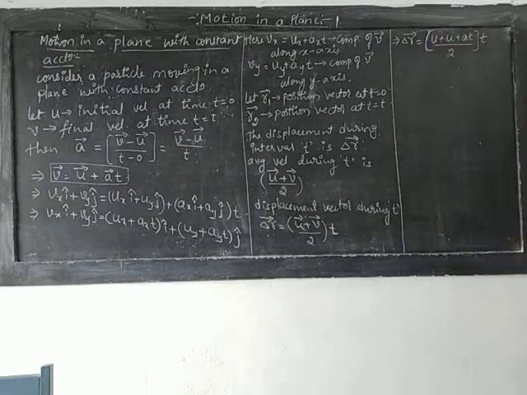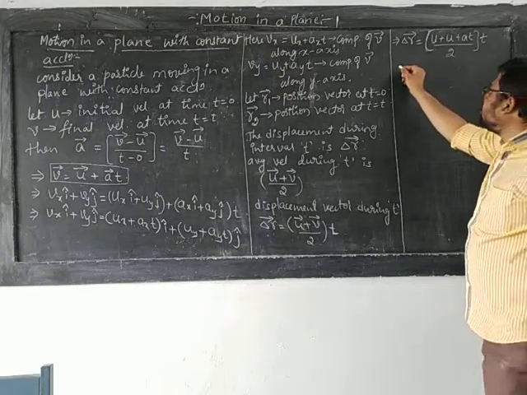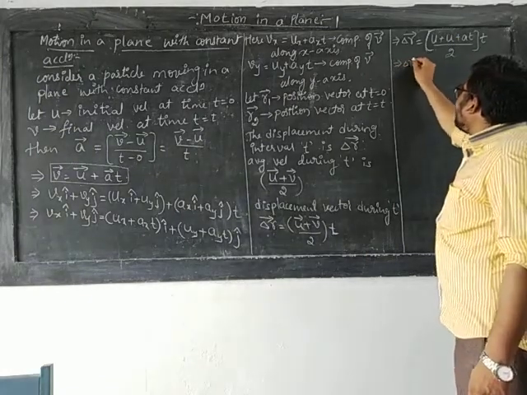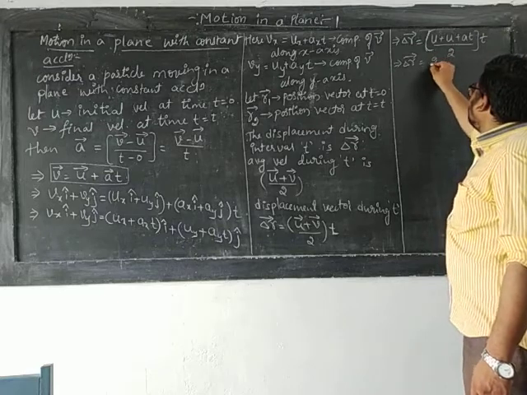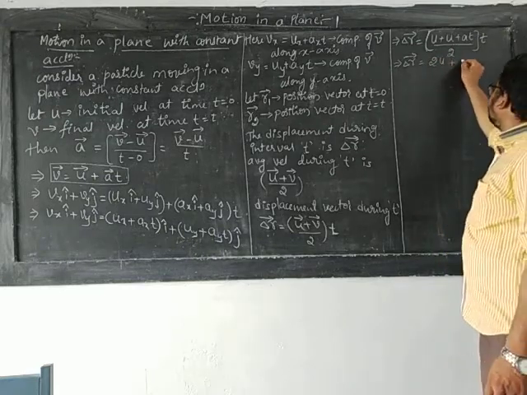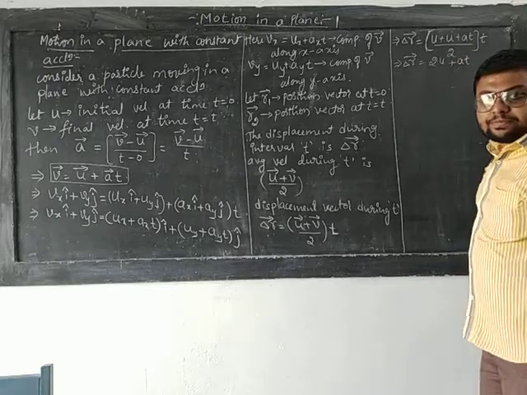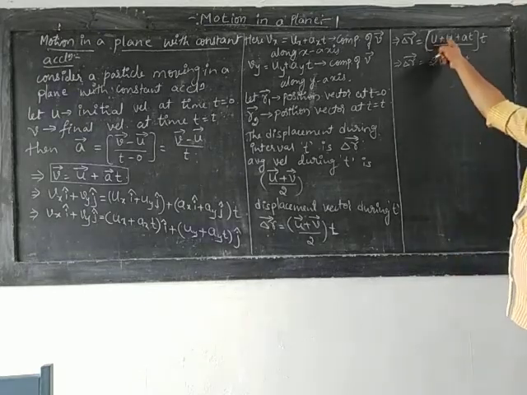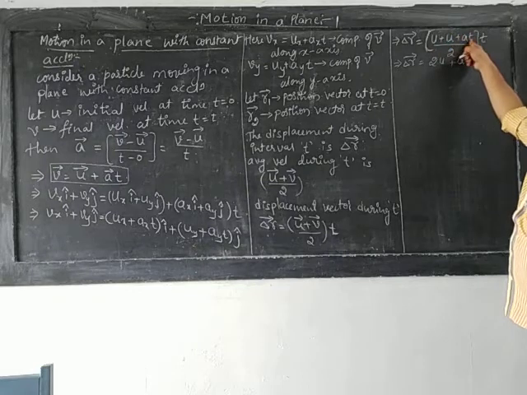So here we are having two u's. That implies delta r is equal to 2u plus at, into t, divided by 2.